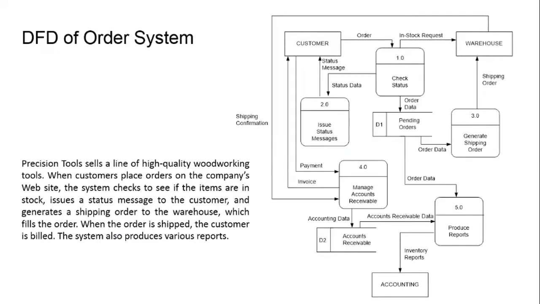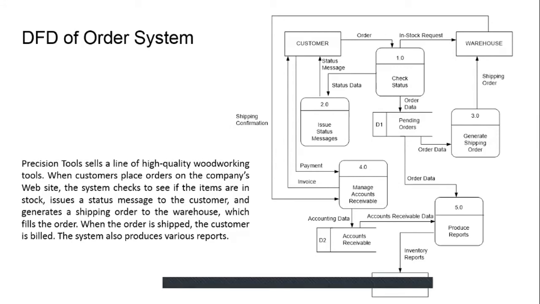So the system is doing 5 tasks. What are those tasks? That can be identified by the number of verbs used in the system process. So the system process checks the status. So it is one process which is written over here.